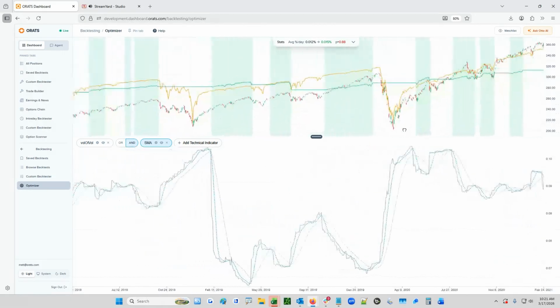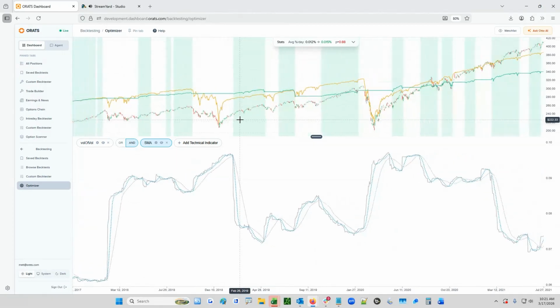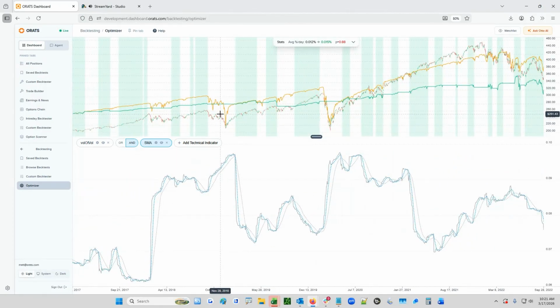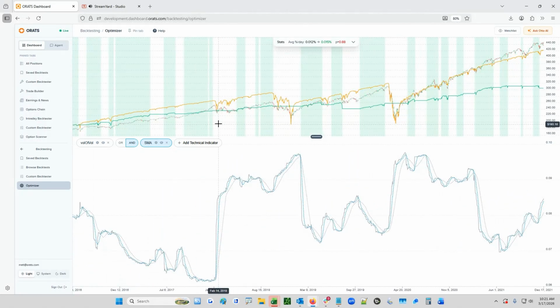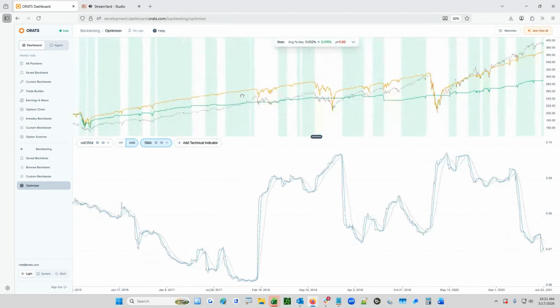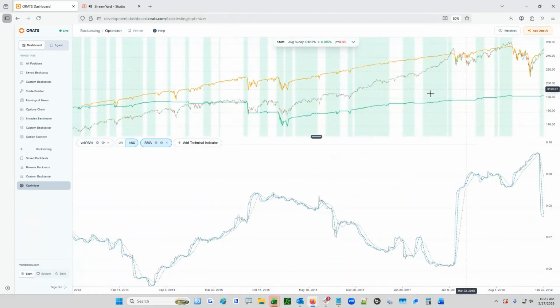So let's look at some more market corrections. In 18 we had that, but it took us a while to get back, and that was pretty ugly for a while. Same thing here. It got us in at a pretty decent level in May of 18. This was actually kind of an unfortunate one in 2015.